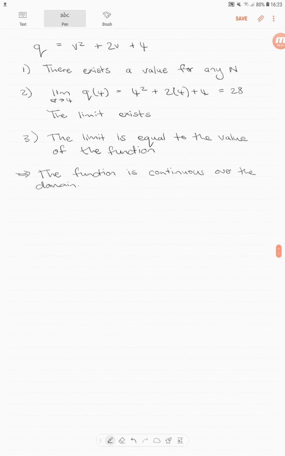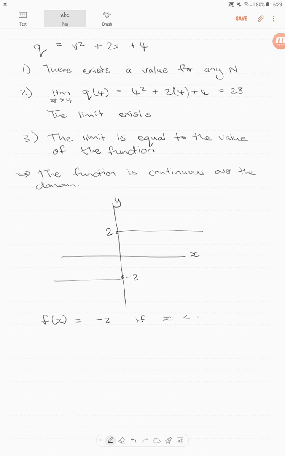Sometimes it's easier to understand continuity if you see a discontinuous function. So for example, if we have a function like this, where f of x is equal to -2 if x is smaller than 0, and it is equal to +2 if x is larger than or equal to 0.